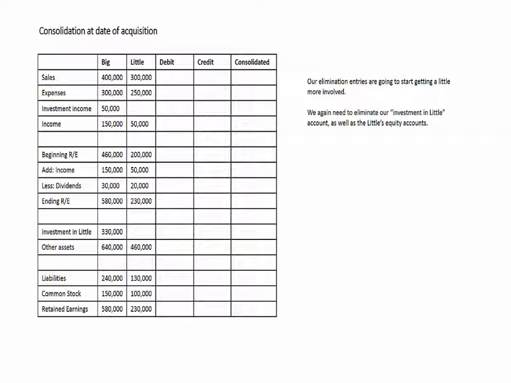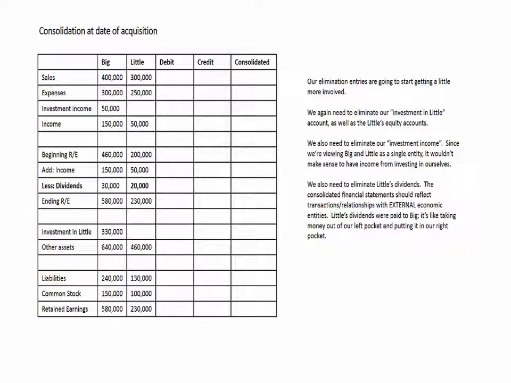And again, we're going to need to eliminate our investment in little account as well as little's equity accounts. We're also going to need to eliminate our investment income. Since we're viewing big and little as a single economic entity, it wouldn't make sense for us to have an income statement account essentially representing income from investing in ourselves.